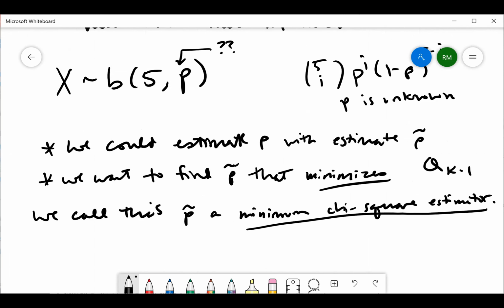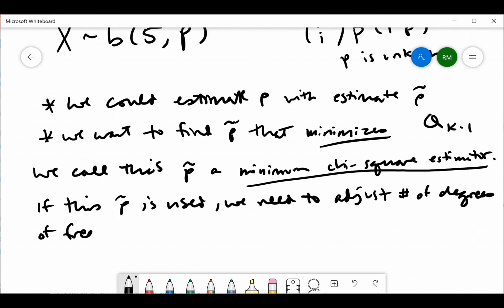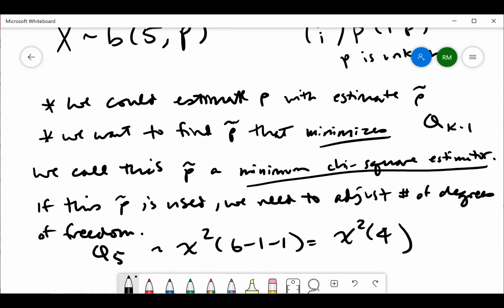If this p tilde is used, we need to adjust the number of degrees of freedom. In our previous example, Q5 is still chi-square, but now it actually loses another degree of freedom and becomes chi-square with 4 degrees of freedom.